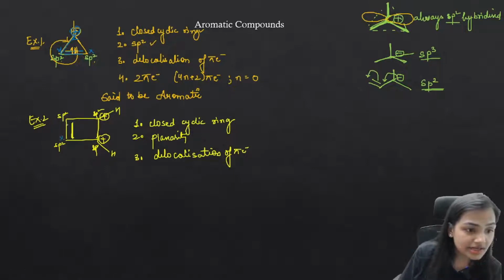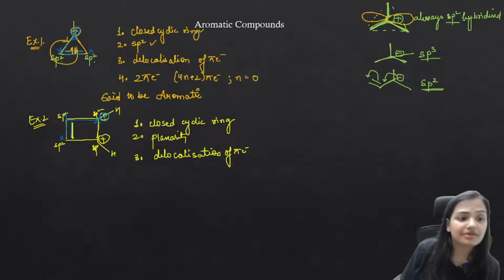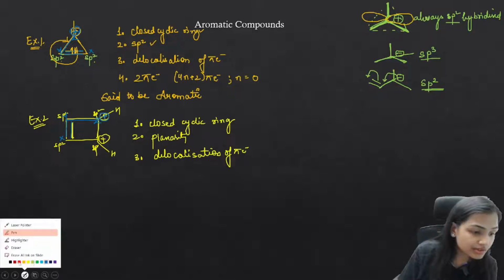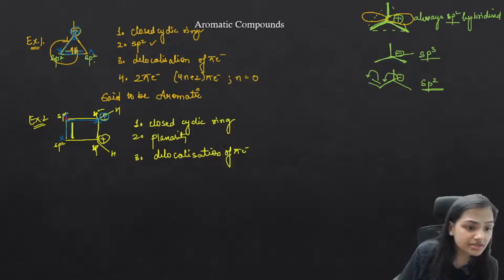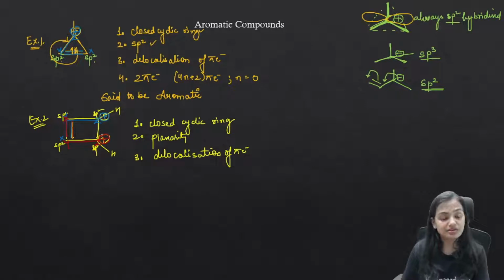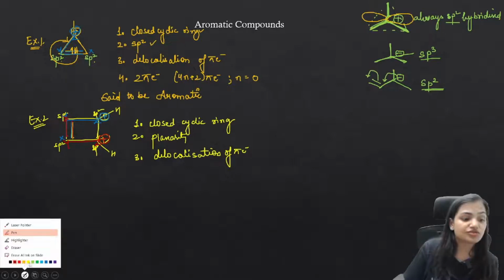Guys, see, this is X, this is a double bond, Y, single bond, Z. Over this Z, we have a positive charge. Yes, this is a conjugated system. Not only this, if you see here, this is X, this is a double bond, Y, single bond, Z, this is positive. So this is also part of the conjugated system. Both positive charges are part of the conjugated system. So yes, there will be delocalization of pi electrons.